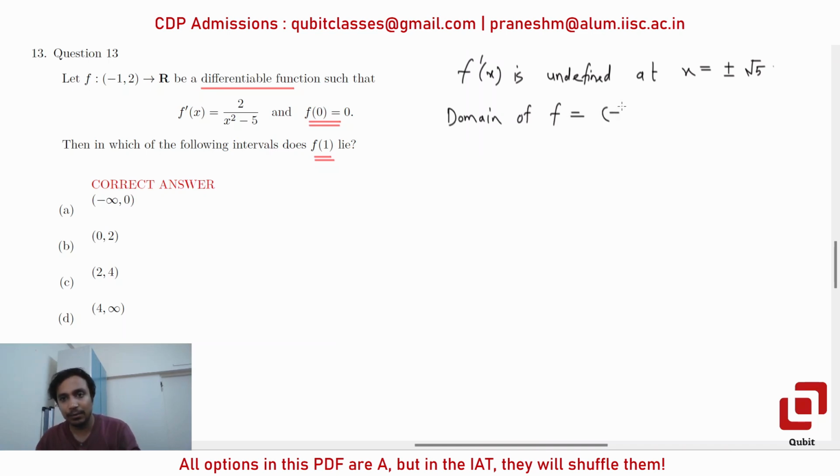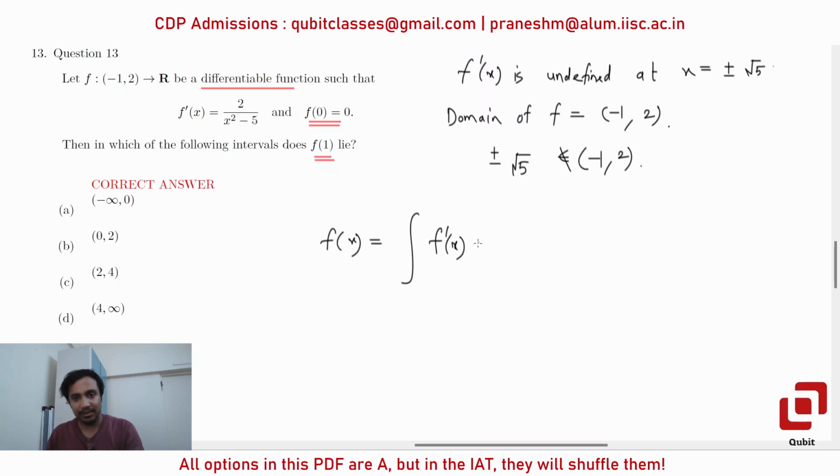The domain of f is the open interval minus 1 to 2, and none of these values, plus or minus root 5, belongs to minus 1 to 2, so we are okay with that. Usually those things are ignored, but there could be a trick question which will require you to consider that in your integration process. So we have f dash of x, f of 0 is also given, so we can integrate f dash of x to get f of x.